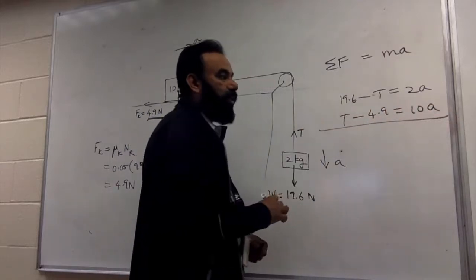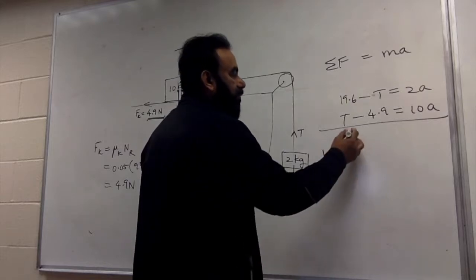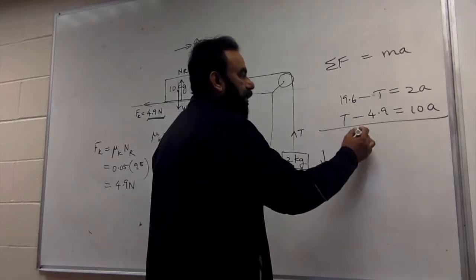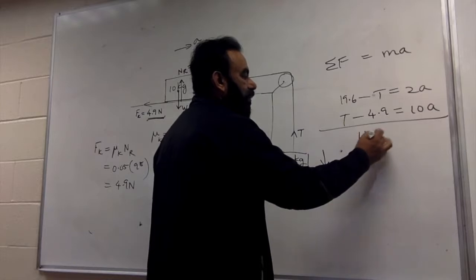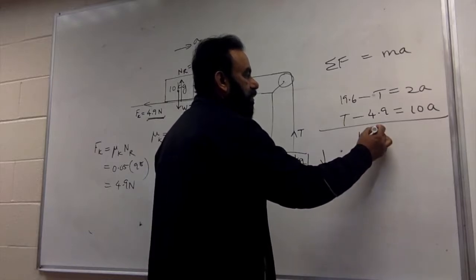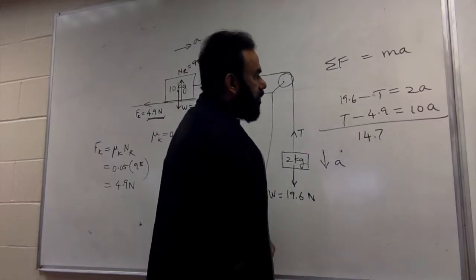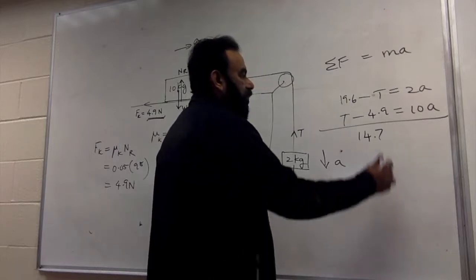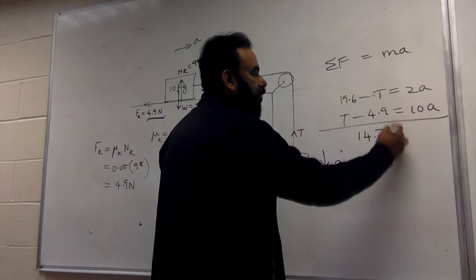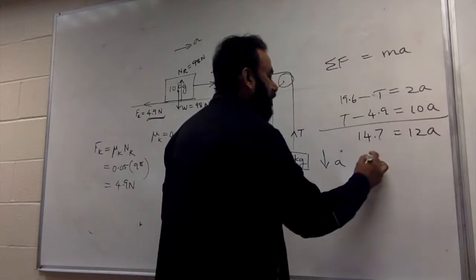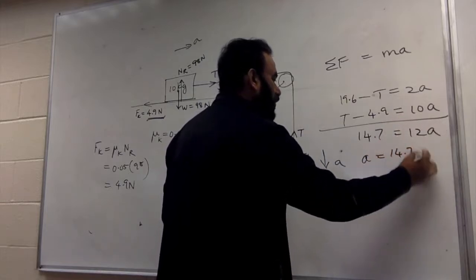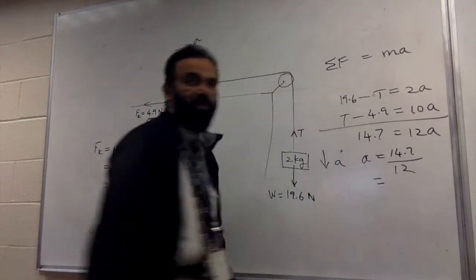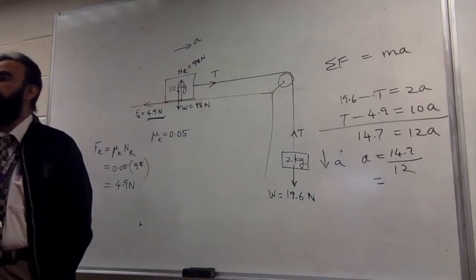Adding the two equations, we get how much? 14.7 is equal to 12a. So a is 14.7 over 12. And that is going to be a smaller acceleration than when it was frictionless.